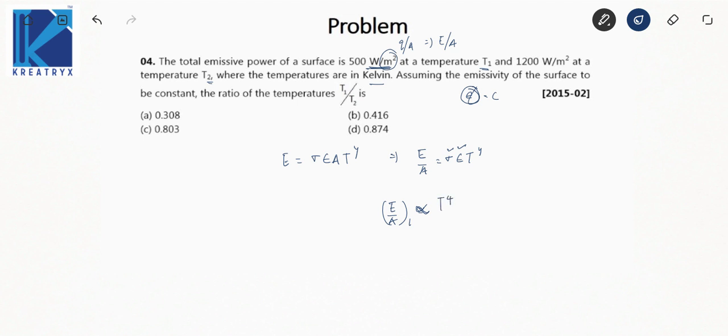That implies E by A for 1 is equal to constant times T raised to the power 4. What you do is take the ratio of this and this, let this be 1 and this 2. Take this ratio 1 by 2, you will get T1 by T2 is equal to 0.803. Answer will be C. Very basic question.